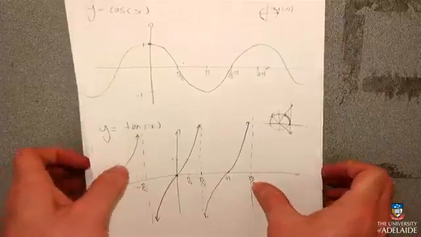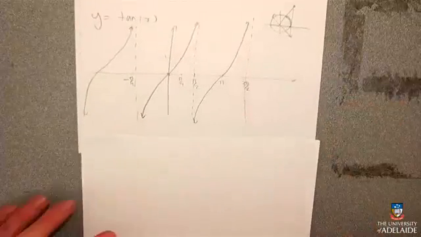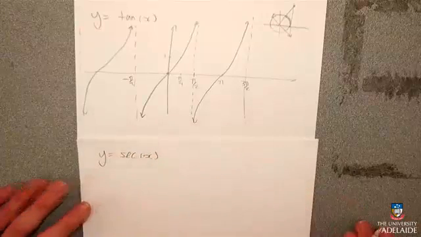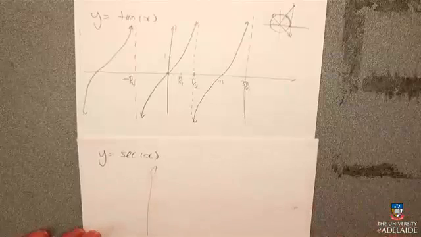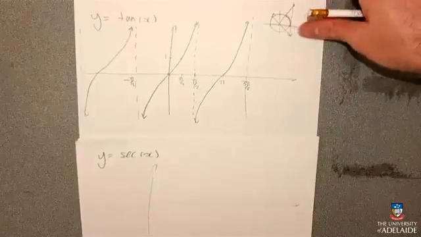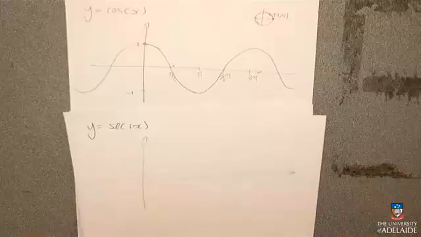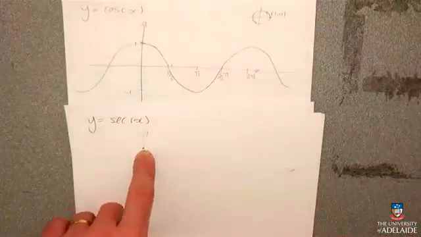So if you had y equals sec x, for example, which is the other really important one, it's 1 over cos. So what you can do is you can take your cos graph and you can go 1 over all of its answers. So at this position here, 1 divided by 1 is 1.